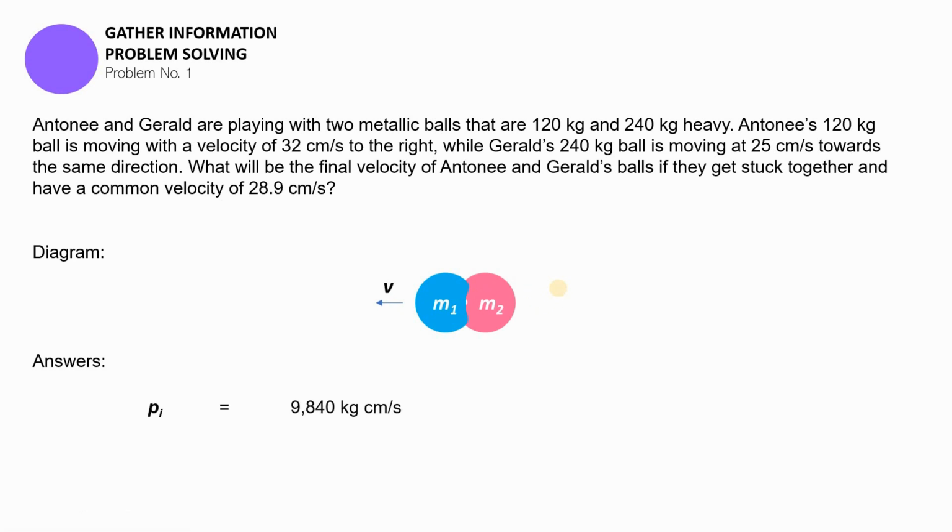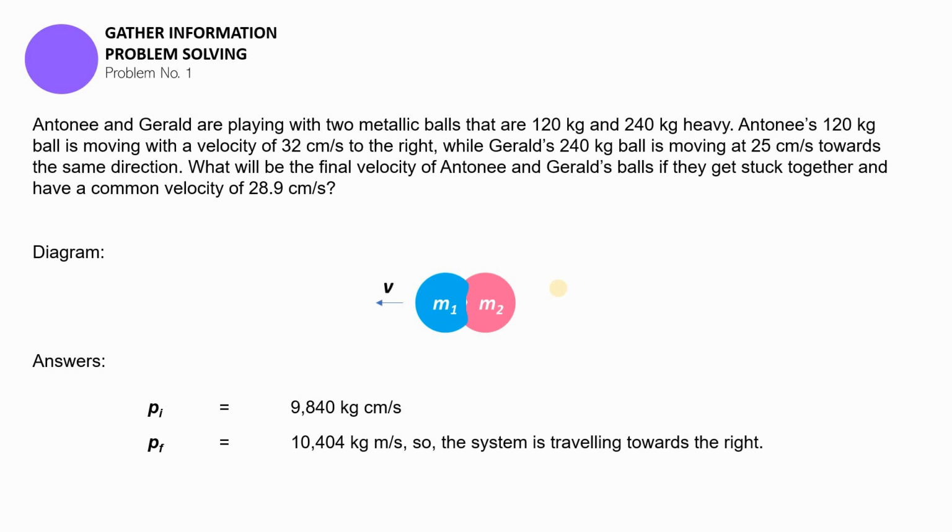Now, for the answers, the initial total momentum should be equal to 9,840 kilograms centimeters per second, and the final total momentum should be 10,404 kilograms centimeters per second. I would like to correct that. If you're truly listening to these video lessons, I hope you're picking up on these trick corrections.